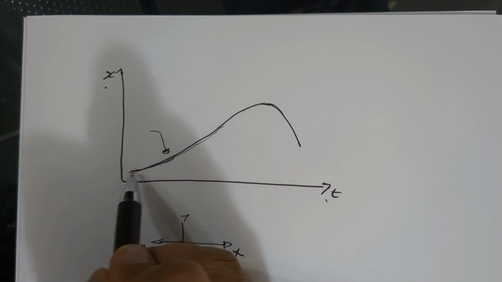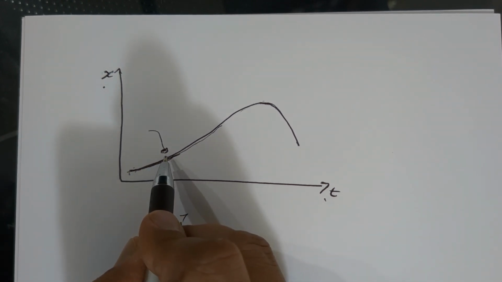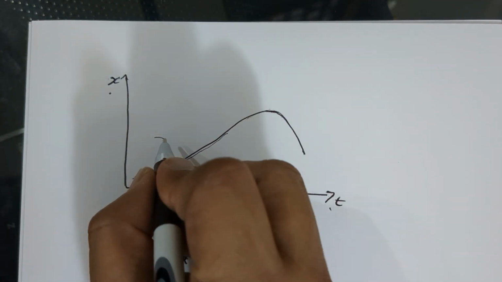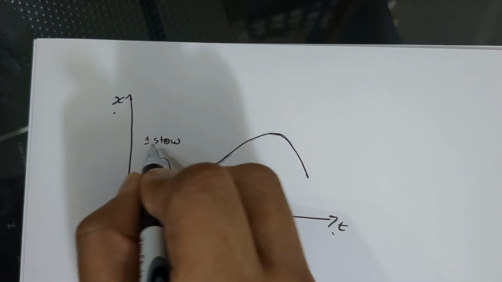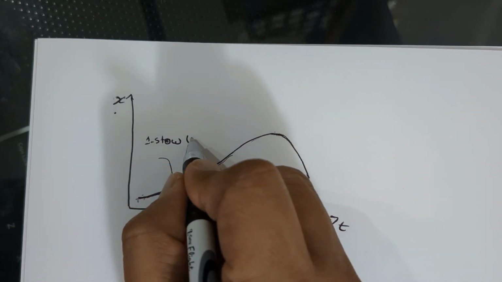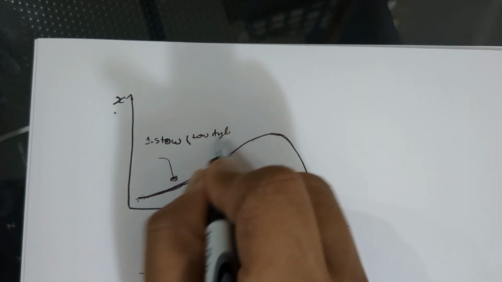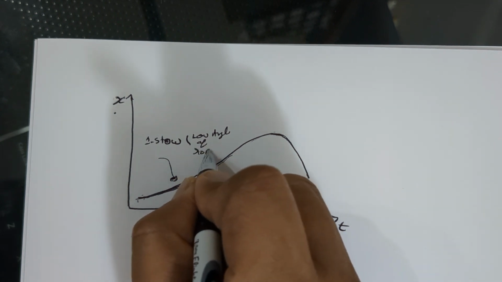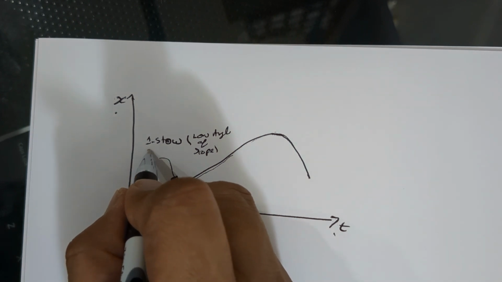You're going right, but look at the slope. It's not that steep. So are you moving fast or moving slow? You're moving slowly, right? So you're going slowly, first of all, because of the slope.